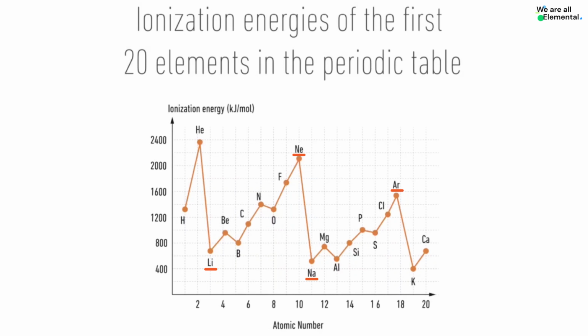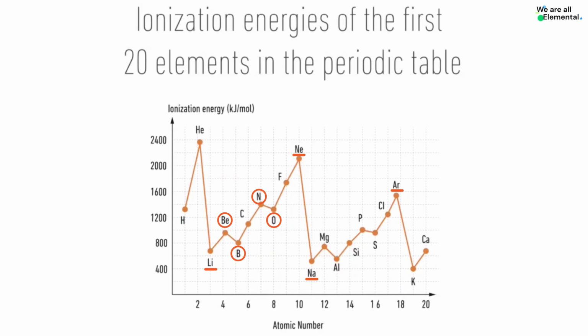That is, the ionization energy of beryllium is higher than that of boron, and nitrogen is higher than that of oxygen. Now this is because the electron is removed from the 2s2 orbital in beryllium and 2p3 orbital in nitrogen.